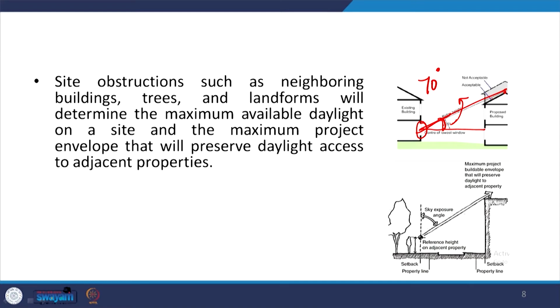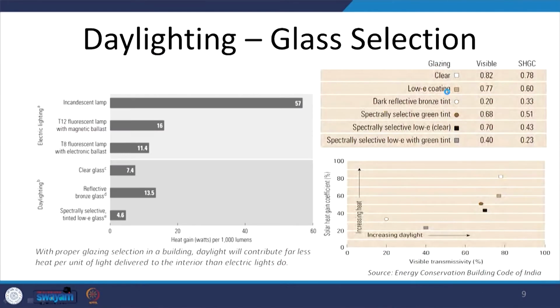So, if it is higher than 70 degrees, then this window will not be considered for bringing in the daylight or to offer the views. So, it is not just the amount of daylight, but also the amount of views which are available, which will be considered with the help of the angle of obstruction.